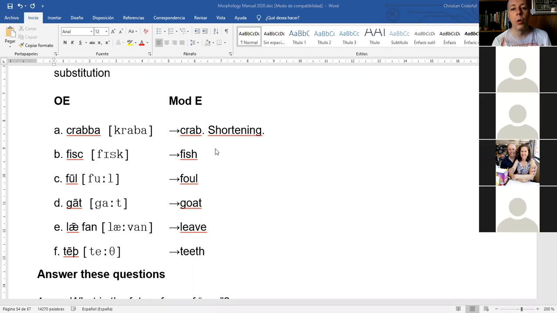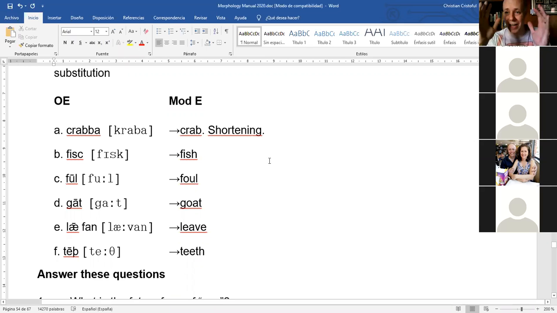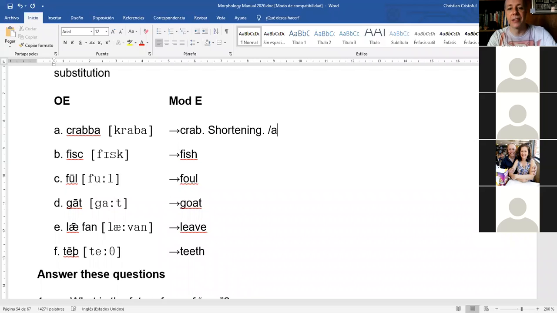And because it's shorter, what has been deleted? The final A. Excellent. Very good. So A has been deleted. Is that the only change that happened? No, the pronunciation too. Excellent.